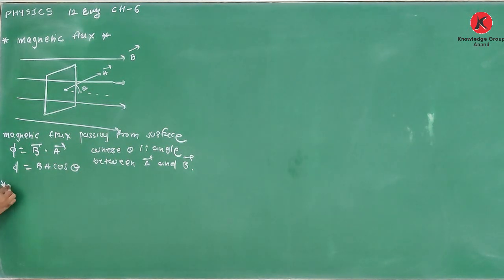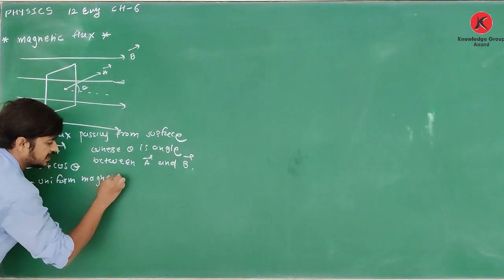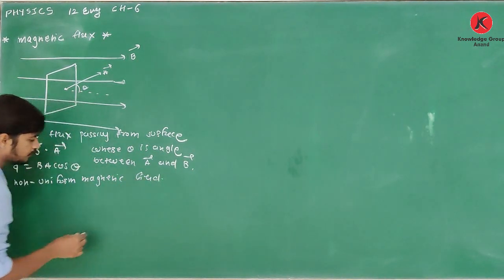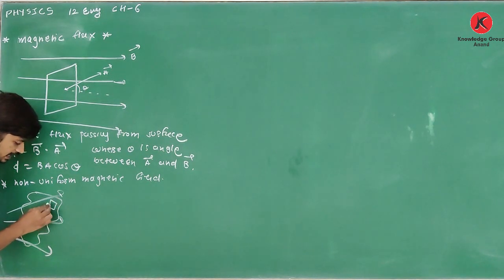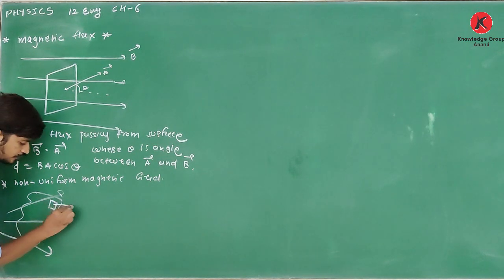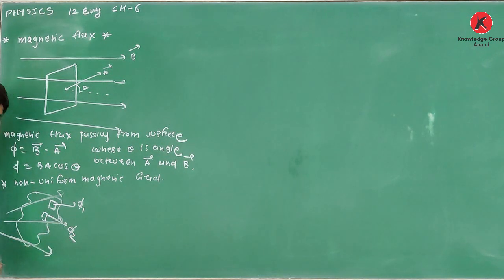If we are given a non-uniform magnetic field, and we are given one surface, for example like this, then how do we find the flux passing through this? So simple. First of all we have to take elements. Find the flux for the first element, find the flux for the second element, similarly find the flux for each and every individual element, and then find the total flux.